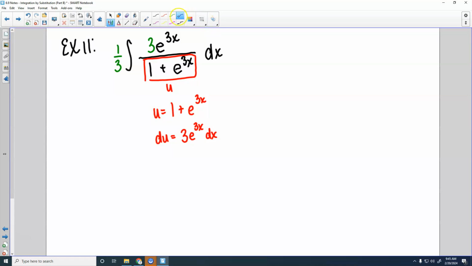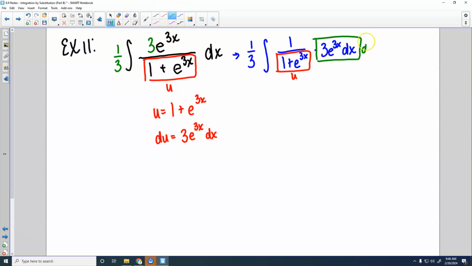So, we got 1/3. Let's separate this actually, just so we can really plainly see. We got 1 over 1 plus e to the 3x times 3e to the 3x dx. So this part right here is my u. This part right here is my du.